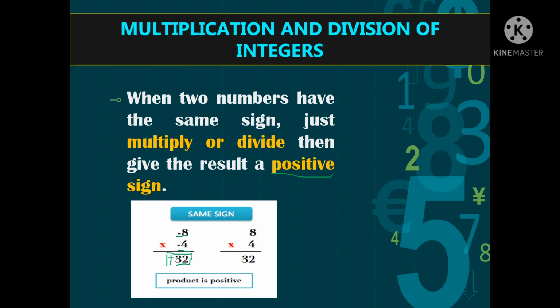Same with the second example, we have positive 8 multiplied by positive 4. They have the same sign, which is positive, so we will just multiply them. 8 multiplied by 4 is equal to 32. And we give 32 a positive sign. That's why we have positive 32 as the result.